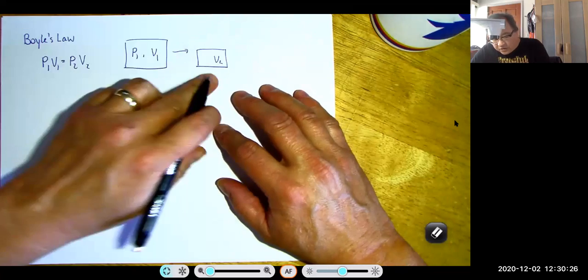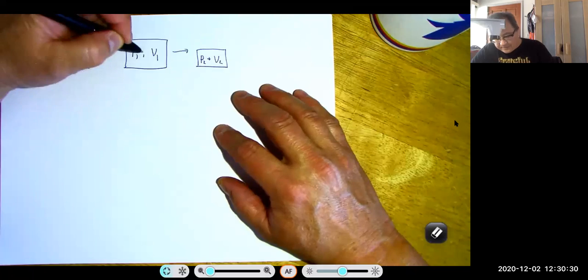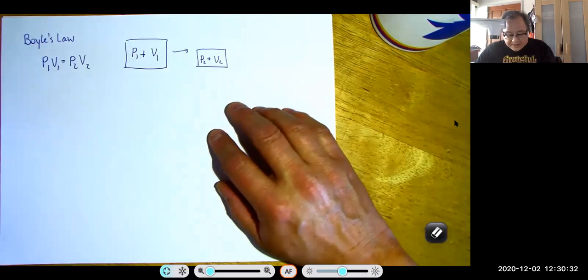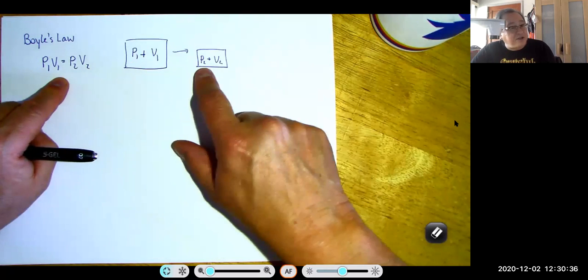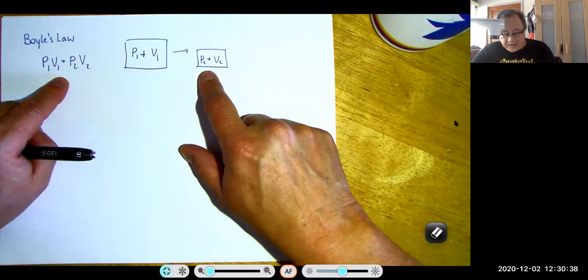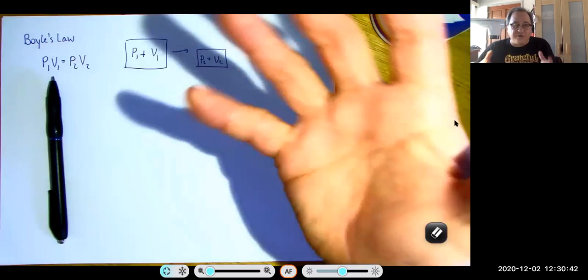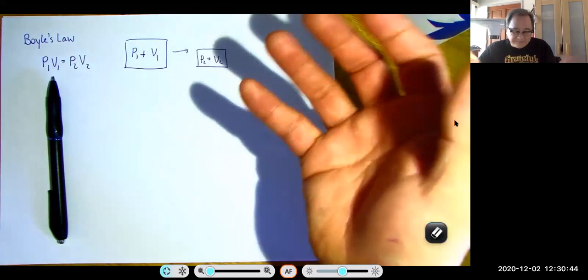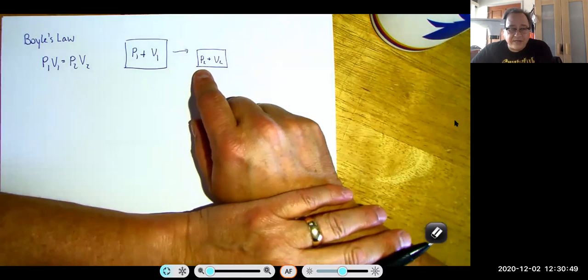When you change the volume, you also end up changing the pressure. So in a problem like this, you're often told, here's P1, V1, and here's V2, what's P2? The reason you're usually given V2 and V1 is it's easy to know the volume of the container you're using, and it's more difficult to measure the pressure, so you calculate it.